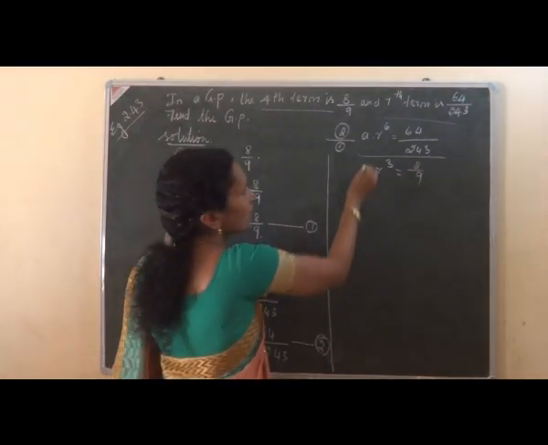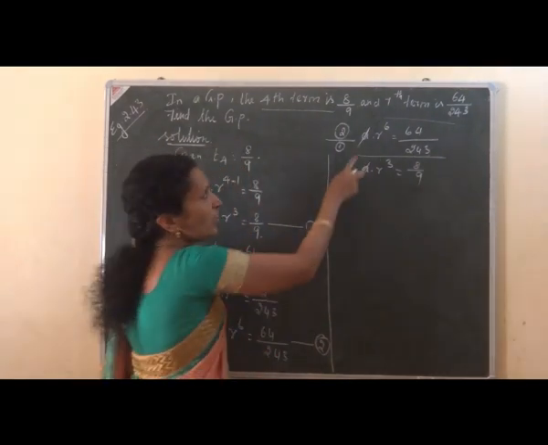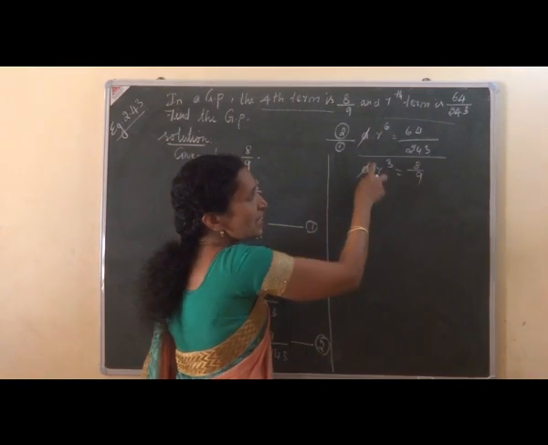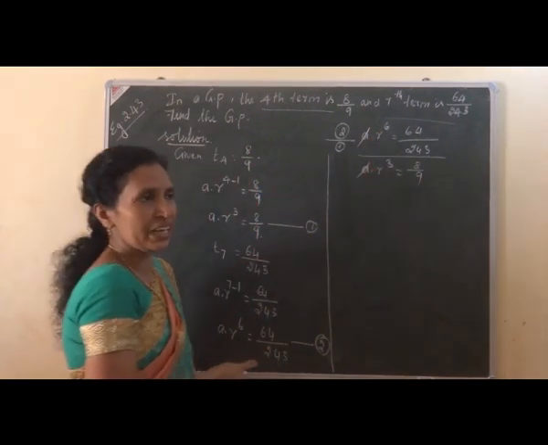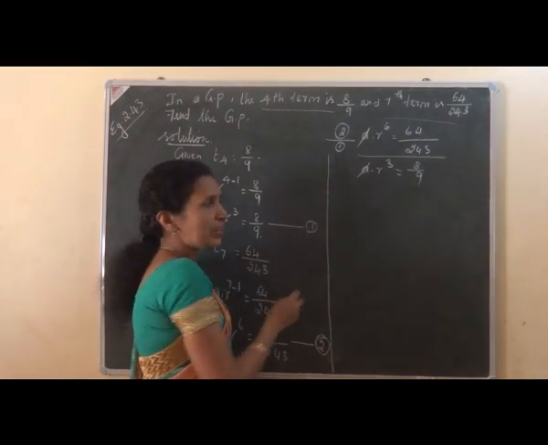Now this A and A cancel. Now R power 6 divided by R power 3, what is the value?